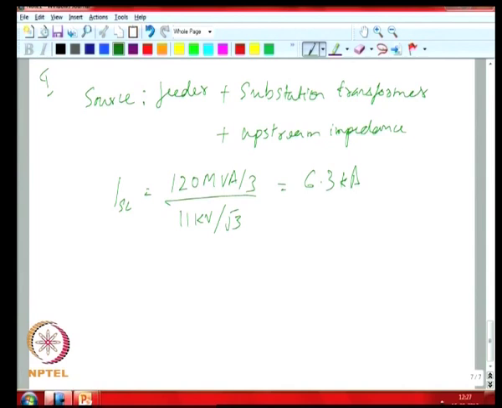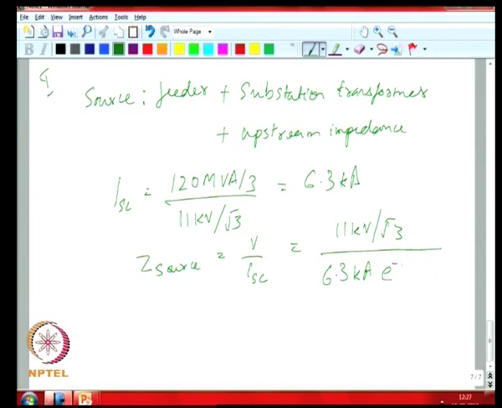Okay. So, if you look at your source, it is V by ISC, and it is 11 kV divided by root 3. And you are told that this current is at 60 degree short circuit MVA at 60 lag.